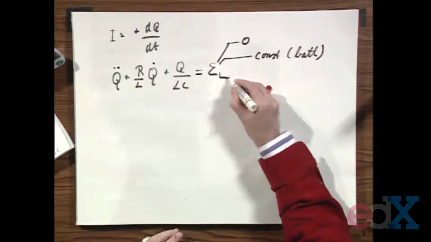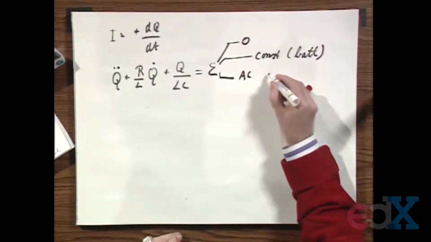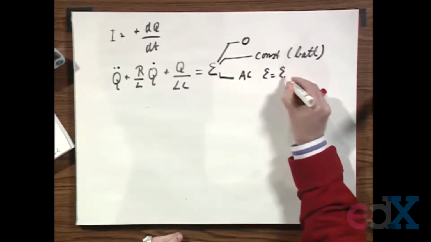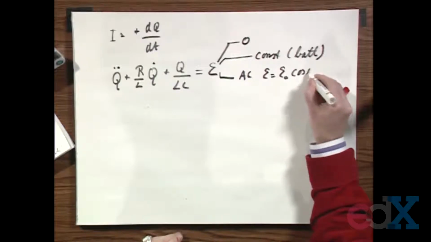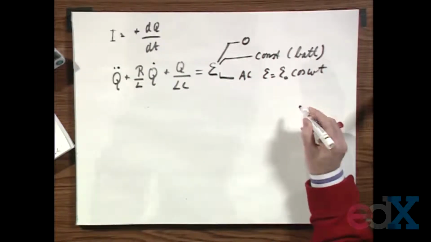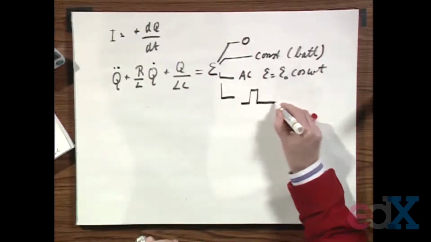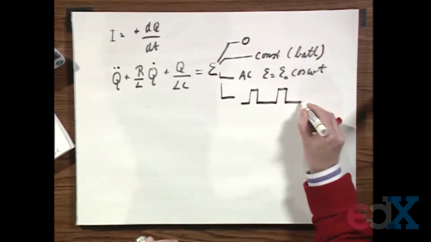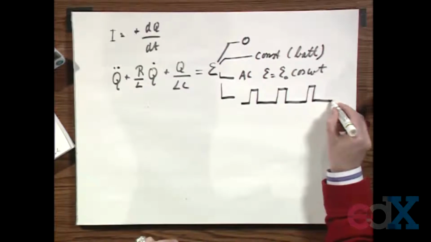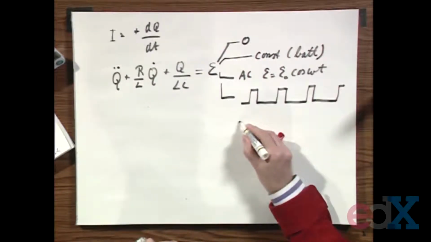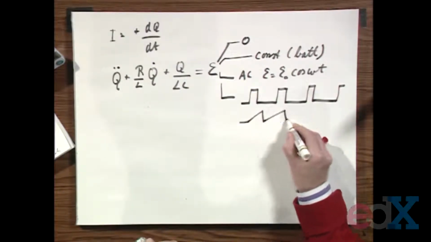And then there is the possibility, when we deal with alternating current, that E equals E0 times the cosine omega t. But of course, any other function is possible. E could have this profile as a function of time, or this one.